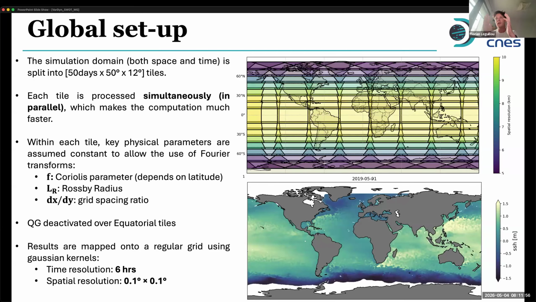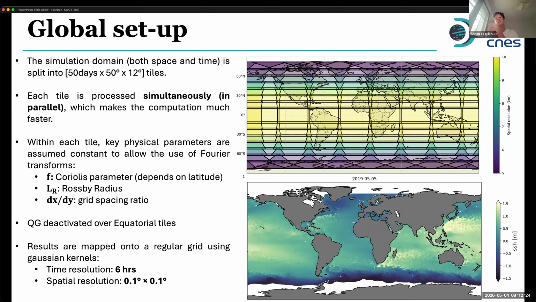And we've done that for two main reasons. One is computation time. The main strategy is to perform all these tiles in parallel, so that we can launch them on multiple CPUs and GPUs. And one other reason is more linked to physical laws.